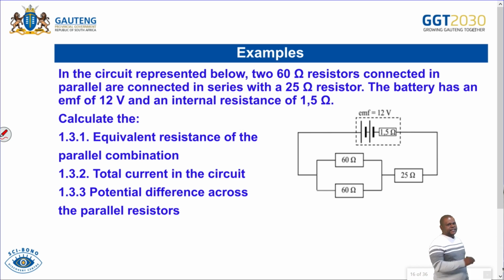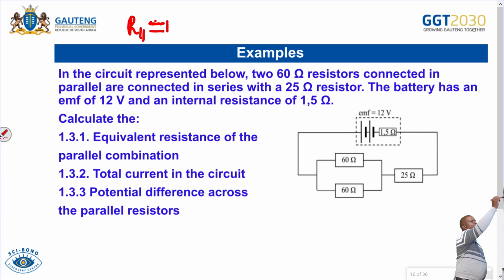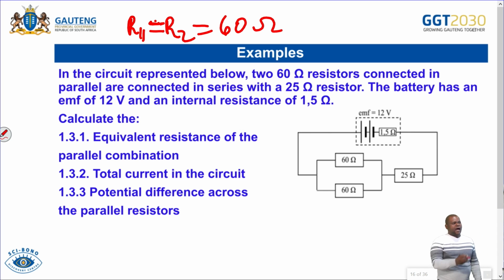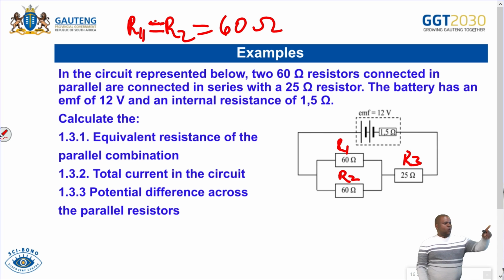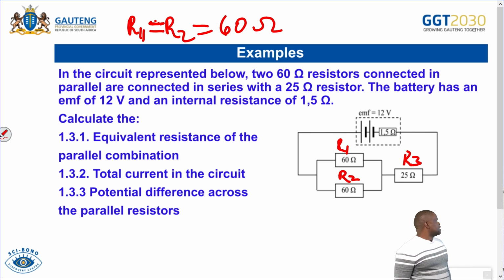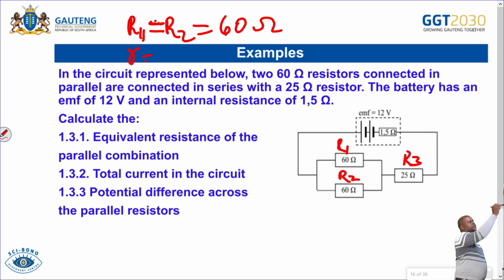What are we given? Let's write what we're given first. We have resistors R1 and R2, both equal to 60 ohms. We can call this R1 and this R2, and this we call R3. R1 and R2 are equal, both 60 ohms. Another given is that small letter r is equal to 1.5 ohm.